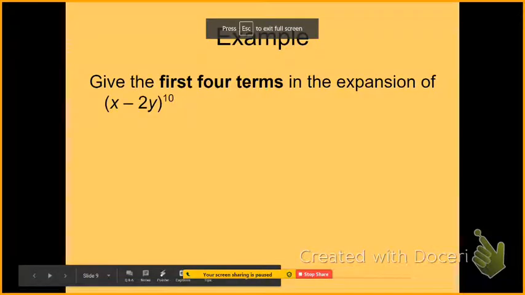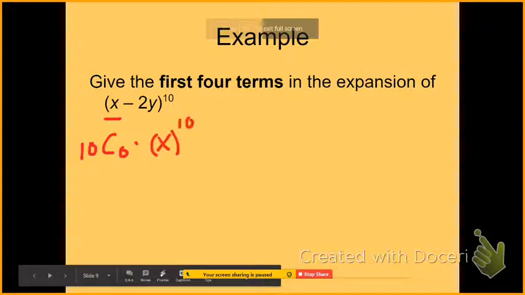So, the first term is going to be 10 choose 0 times x. So it's a and b: x would be a, negative 2y would be b. So times x, and we raise that to the nth power.